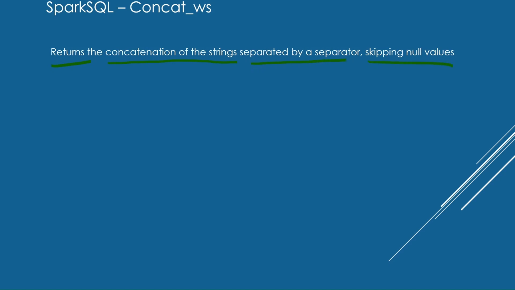Whenever there is a requirement to concat two strings or two columns with a separator, we can do it with the help of concat_ws. And if there are any null values present in the column, it will skip those values as well.